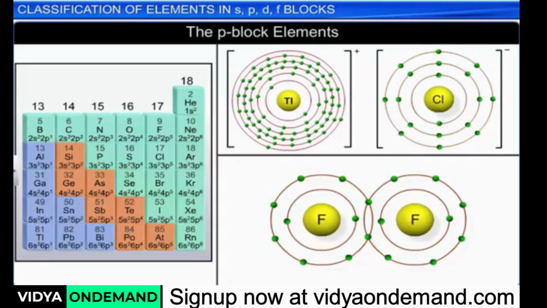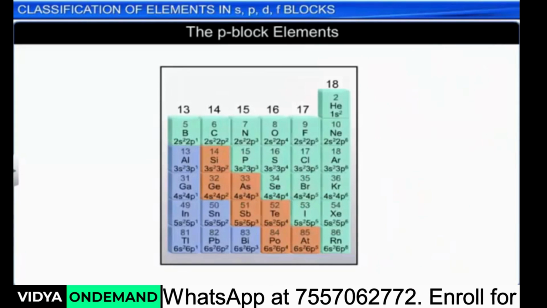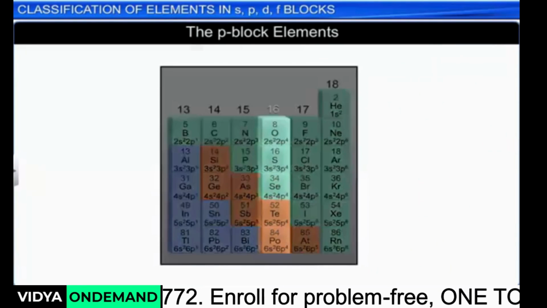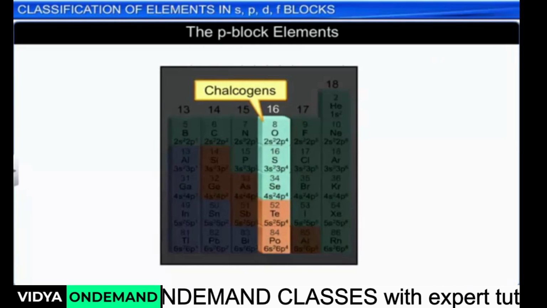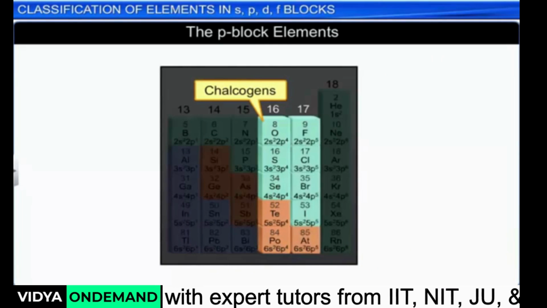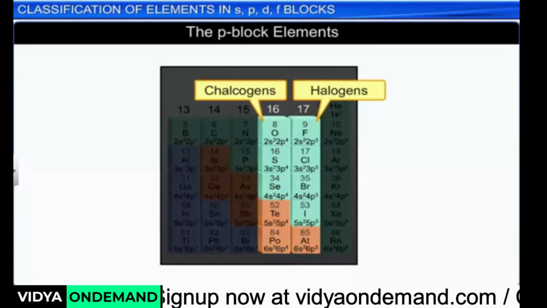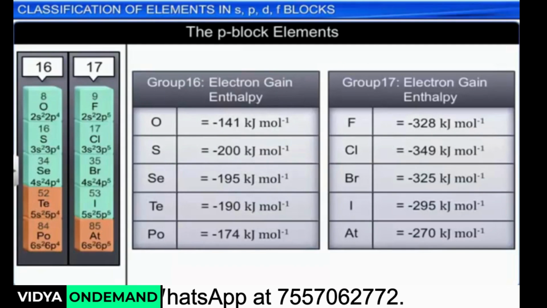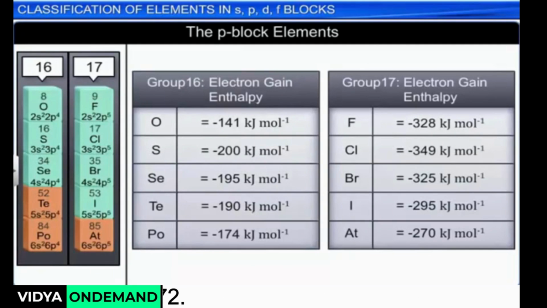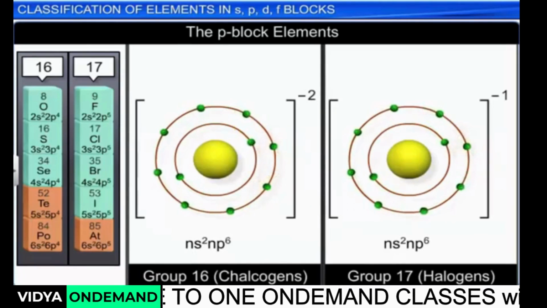Two chemically important groups of p-block elements are Group 16, the chalcogens, and Group 17, the halogens. The elements of these two groups have high negative gain enthalpies, and they readily gain 1 or 2 electrons to attain the stable noble gas electronic configuration, which is ns2 np6.